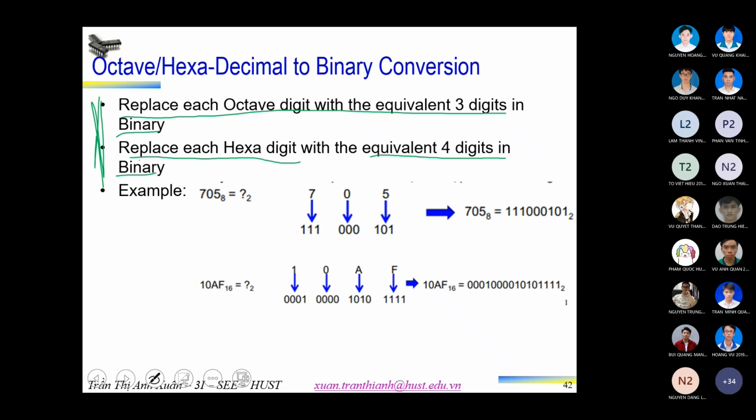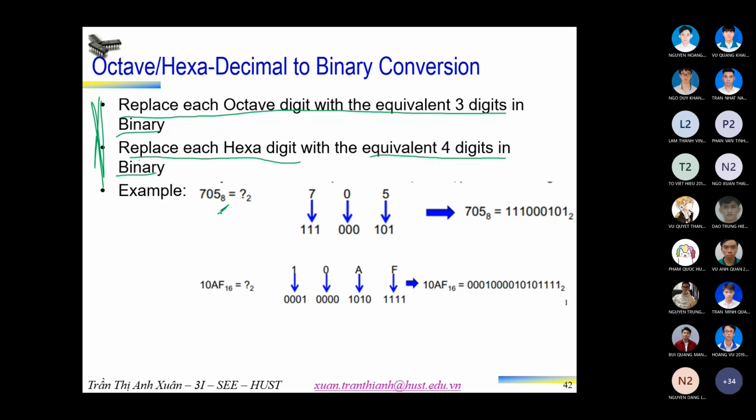The first example: we have the number 705 in the octal system. What is the binary number?